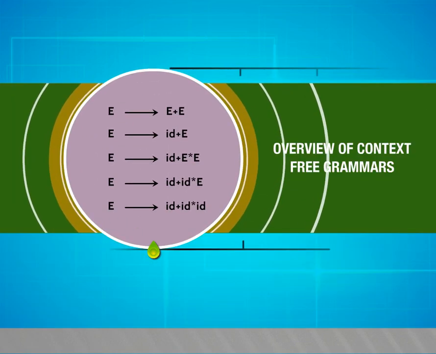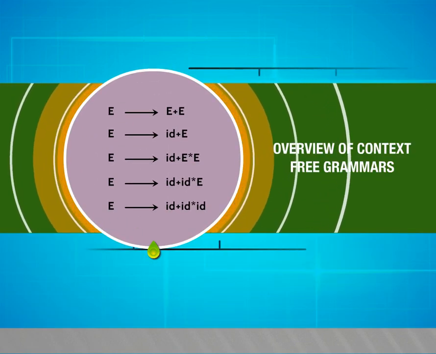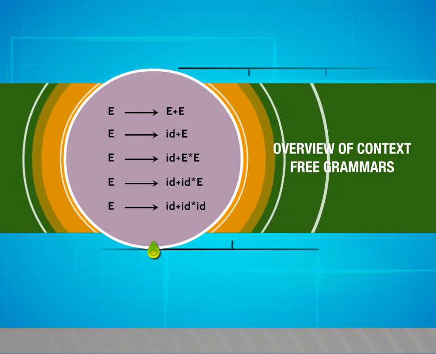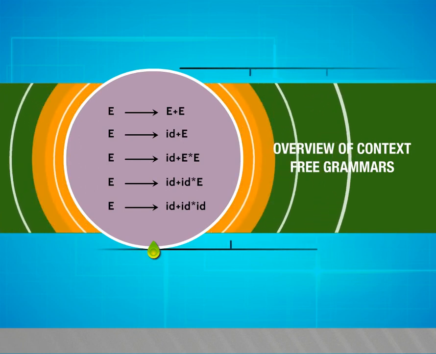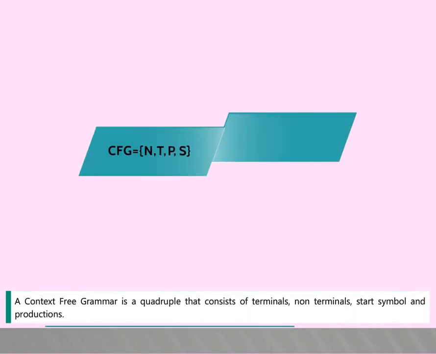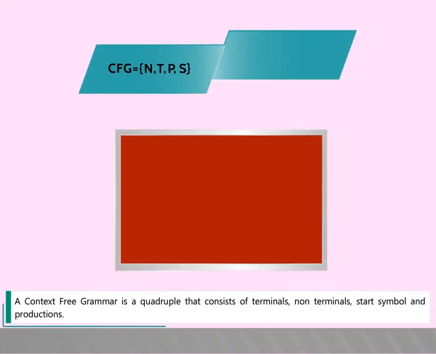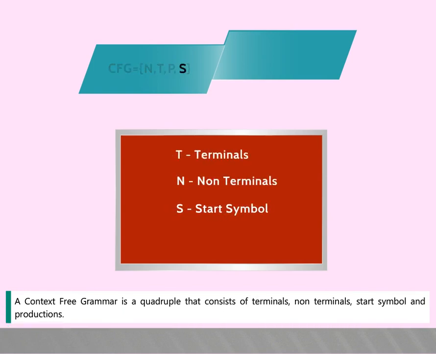Overview of context-free grammars. In this video, we are going to see about overview of context-free grammars. A context-free grammar is a quadruple that consists of terminals, non-terminals, start symbol, and productions. Terminals.